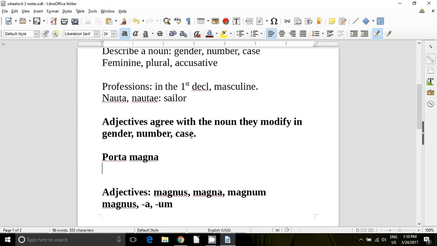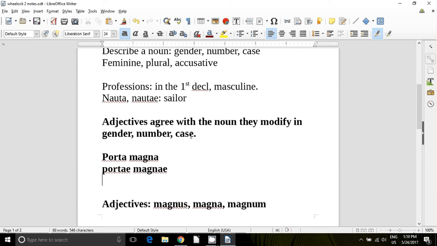If I wanted to say of a large gate, I'd say portae magnae, genitive singular. If I wanted to say I destroyed the large gate, and so it'd be in the accusative, portam magnam. Okay, so they agree with the noun they modify in gender, number, and case.